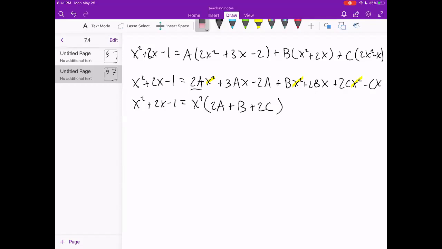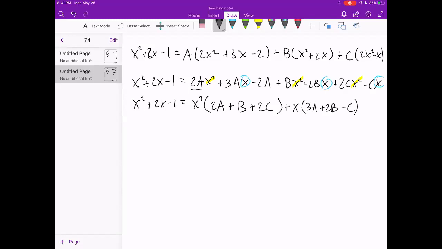And now I'm going to do the same thing for my powers of x. So let's use a different color. We'll circle my x's. So all of those are x's. So I could collect all those and factor out the x. And I'm going to have 3a plus 2b minus c.